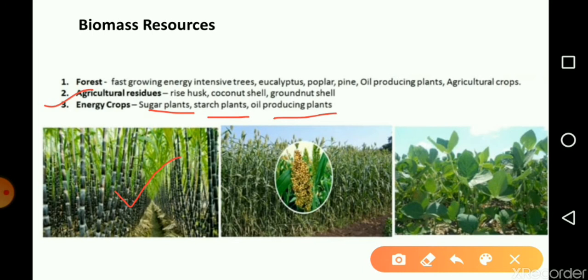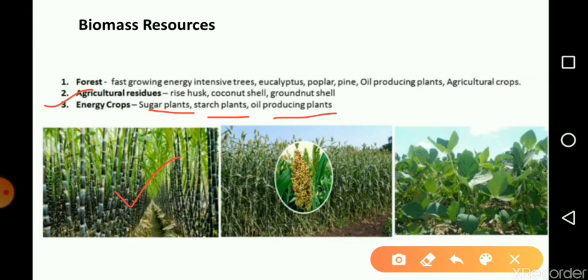After the crushing of the sugarcane in the sugar industry, whatever byproduct is remaining is called the bagasse, and this bagasse is burned in the cogeneration plant to produce heat, and that heat is given to the steam turbine to drive it, and so we are going to get the electricity generation. Along with that, we can get alcohol or distillery generation from the sugar plants.